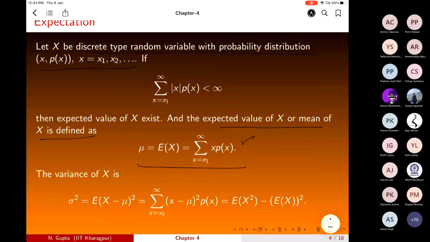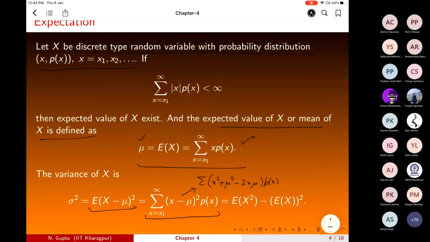Similarly, variance is nothing but how much is the deviation from the mean value. That is summation of (x minus mu) square into px, where px is the corresponding probability mass function. In combined form, we write this as expectation of (X minus mu) square. Opening this gives summation of (x square plus mu square minus 2x mu) px.